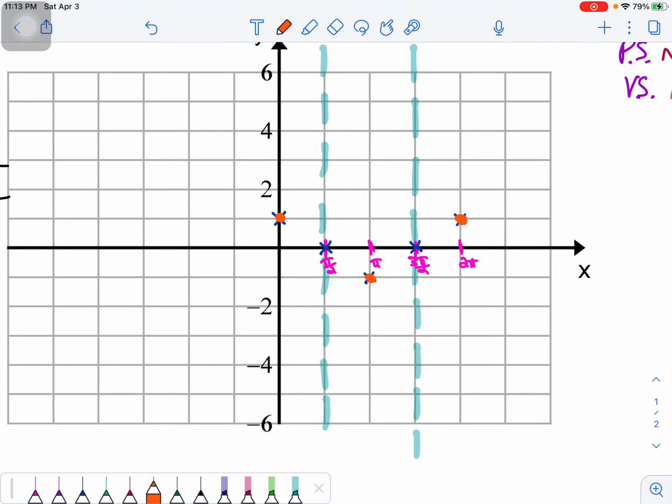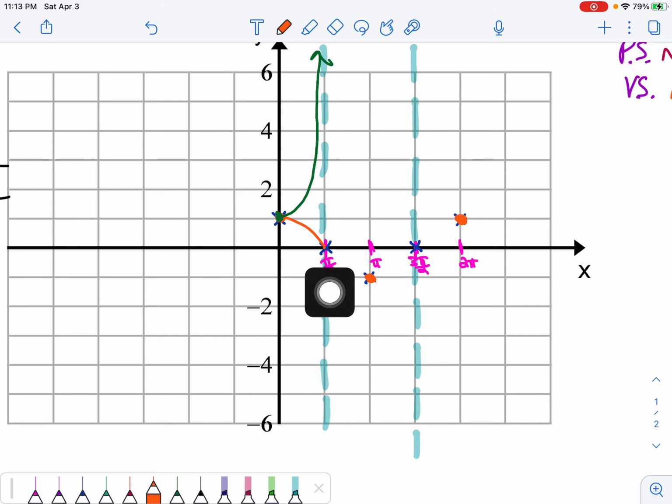But where cosine, and I'm going to draw a quick cosine curve, is approaching 0, this value is dropping down to the midline, which means that the secant curve is going to be approaching infinity.